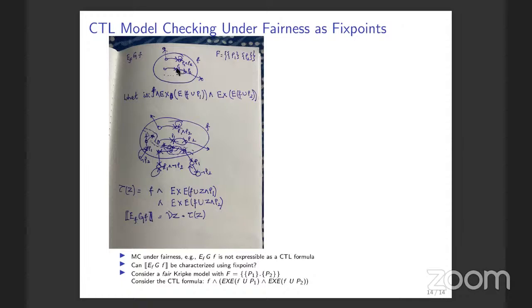Similarly, it is the case here. Of course, it will have all these kinds of things, but it will also have things like this. So this strongly connected component in here is a fair strongly connected component, but this one is not a fair strongly connected component.